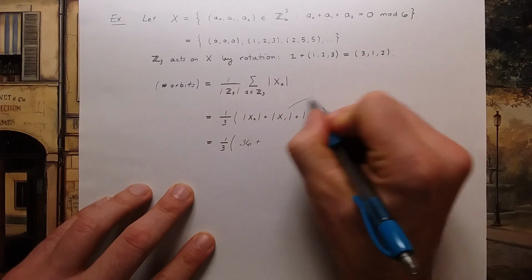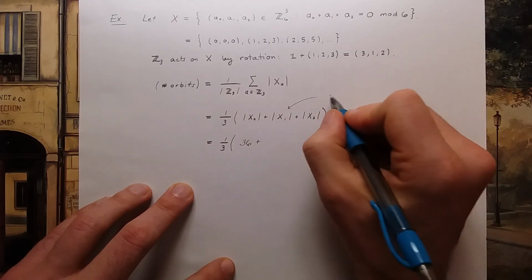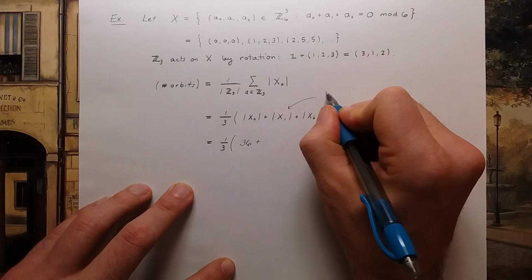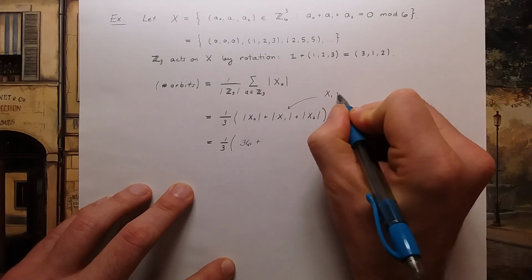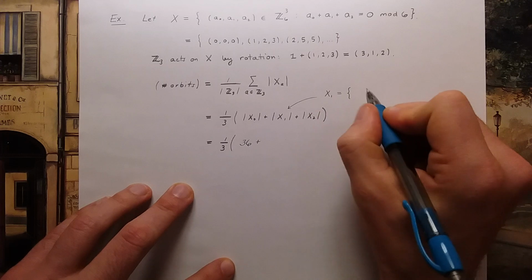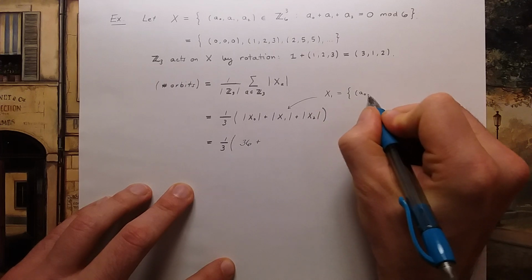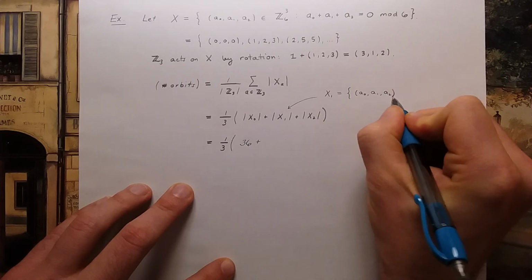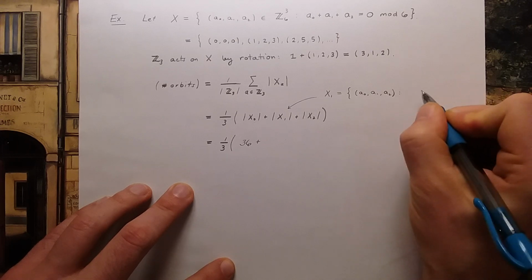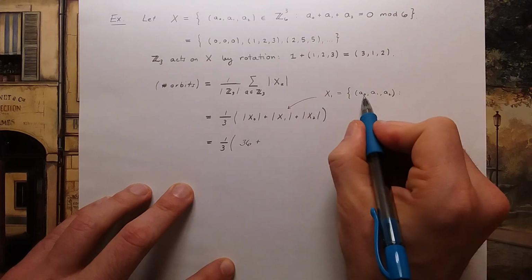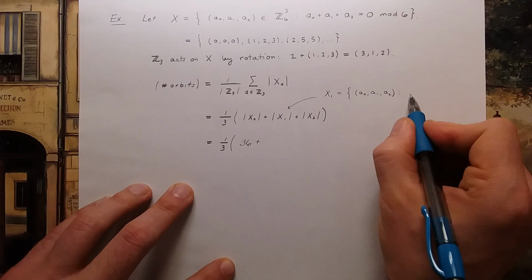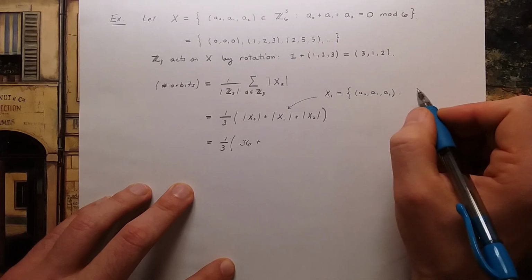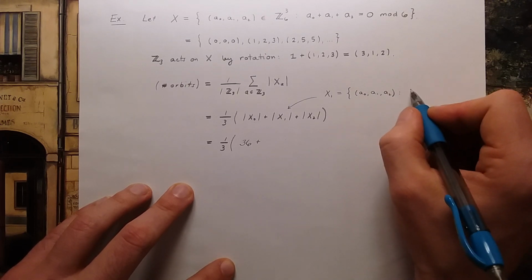Now x1, this is the fixed point set. Let me remind you what that is. The fixed point set x1 is the set of elements A0, A1, A2, such that if I rotate once, I get the same triple back.